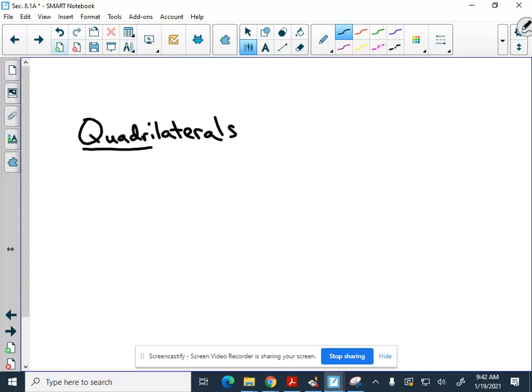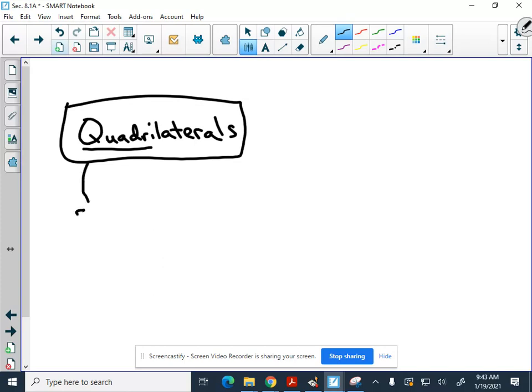What does quad mean? Anybody know? 4. Yeah. A quad is a vehicle with four wheels, if you've ever seen one of those. But a quadrilateral is a four-sided shape. So quadrilaterals is the broad definition. It has four sides, but underneath quadrilaterals, there are special types of quadrilaterals.